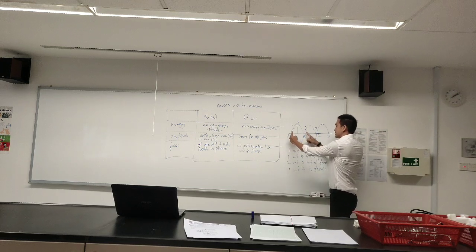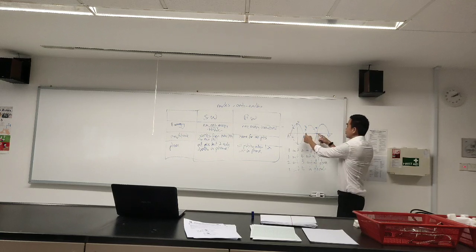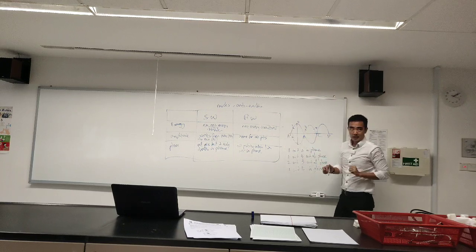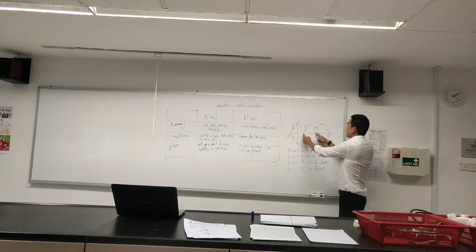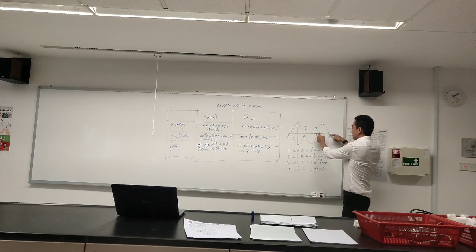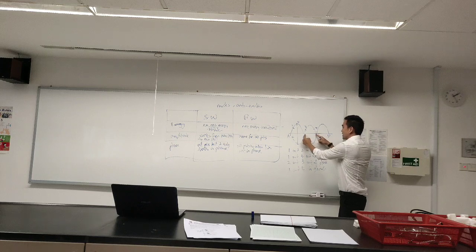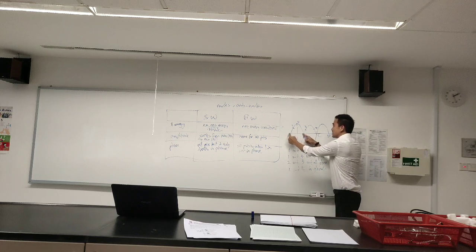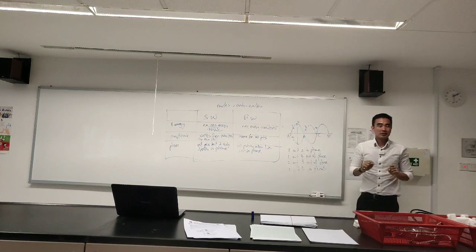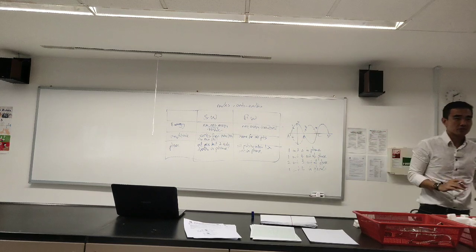Two adjacent nodes means, for example, these two. So all points between these two will be in phase. But these points are out of phase with this one. If you go even further, then all points over here are in phase, but this one is out of phase with this one, and this one is out of phase again. It's out of phase twice, so it goes back to in phase.